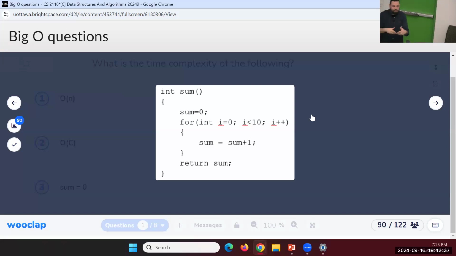So in the options, if I give you in the midterm O of 1, it means O of constant, okay? Even though it's going to run 10 times. Now, guys, if I keep i equals 0, i less than 1 million, constant. 1 billion, constant. Unless there is something which is variable or I don't know, then it's going to be n. Okay, very good.